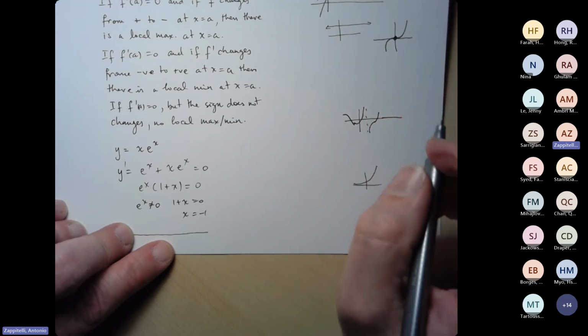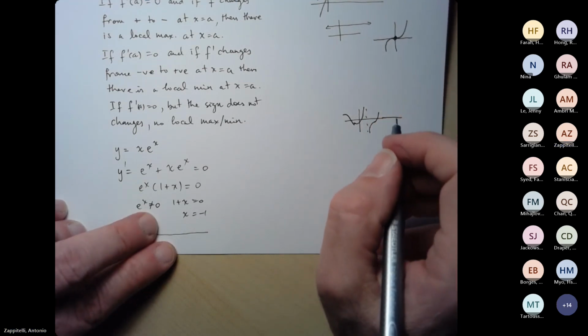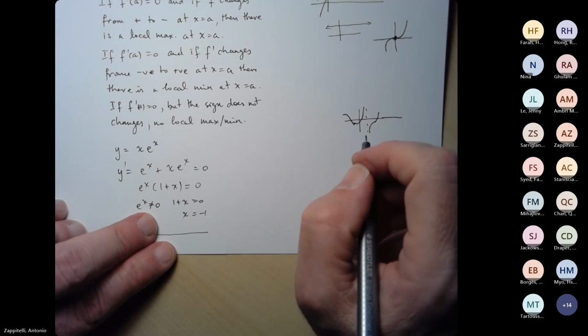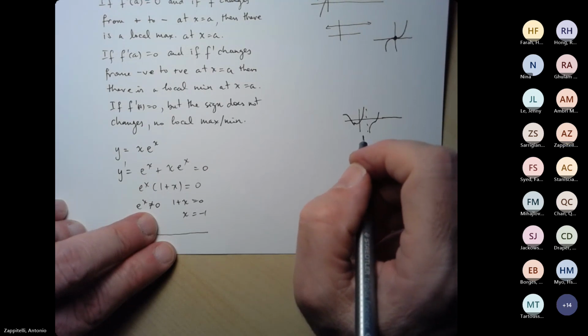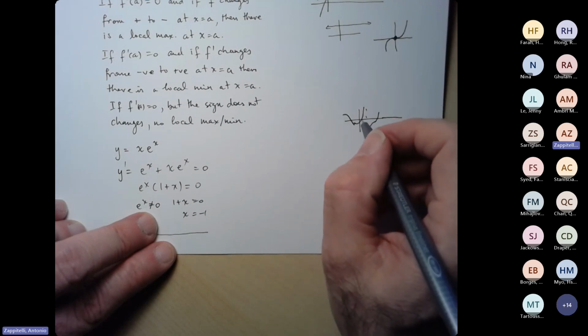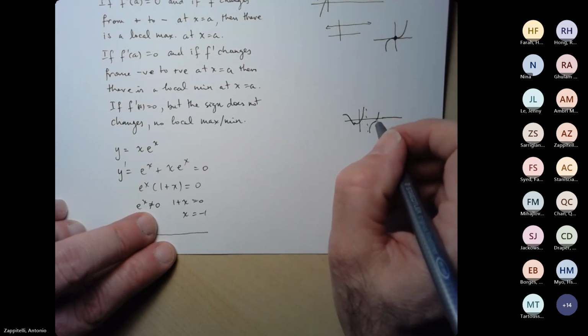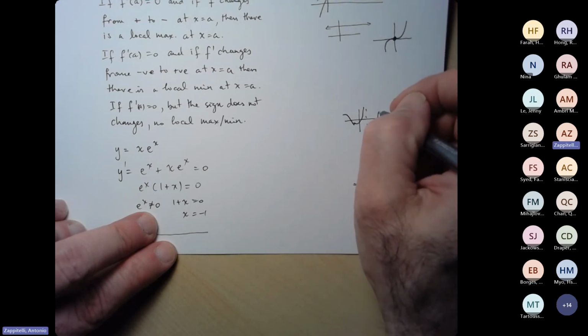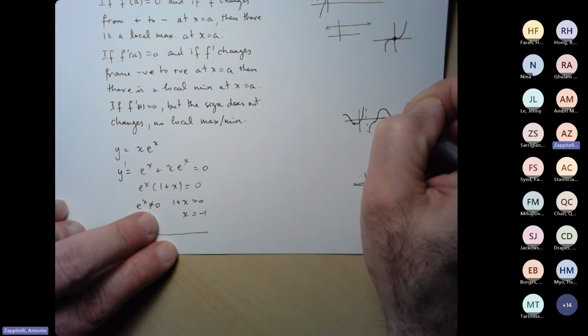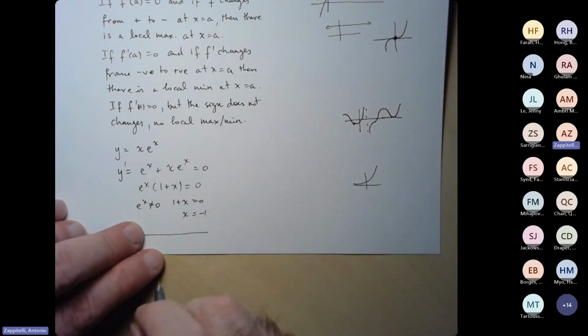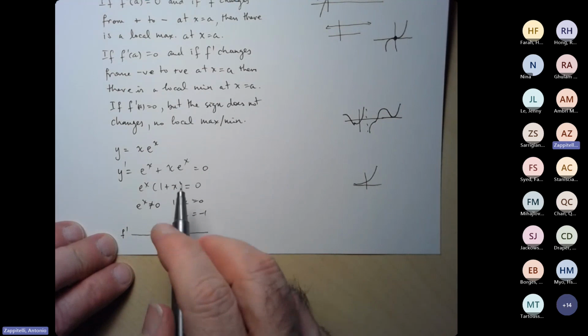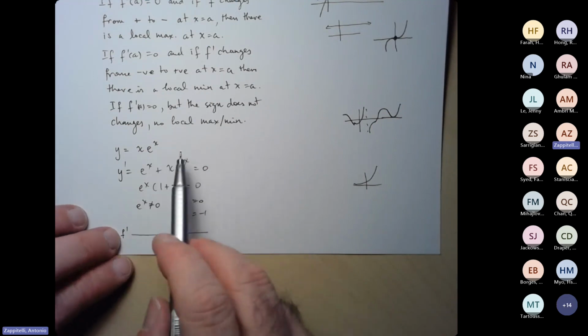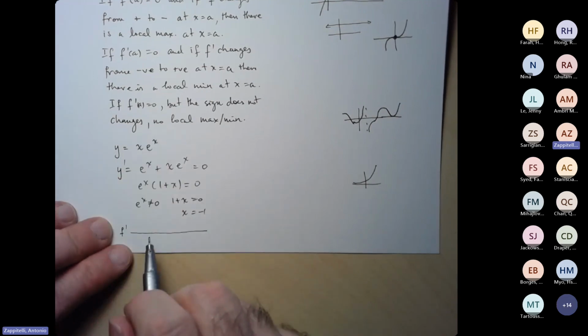Now, let's remember, does a function have to change sign if it has an x-intercept? No, exactly, because it could do something like this, be 0, but then go back up. And remember what we said, just because we have a critical point doesn't mean there has to be a max or min.